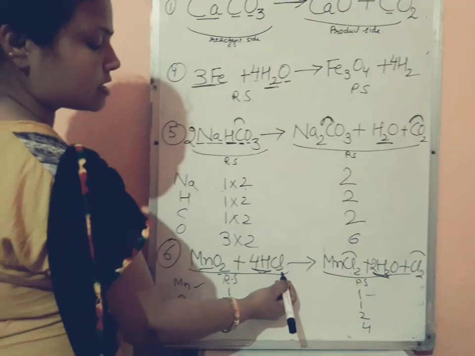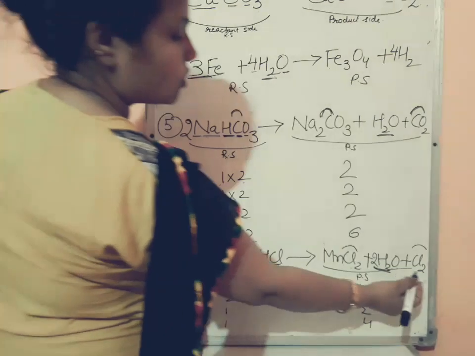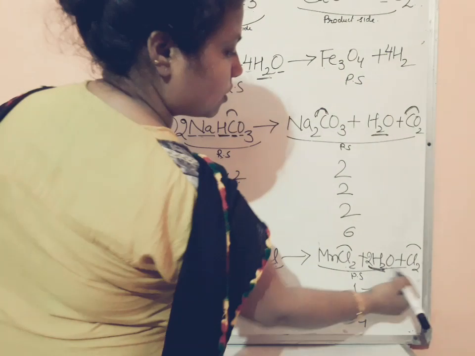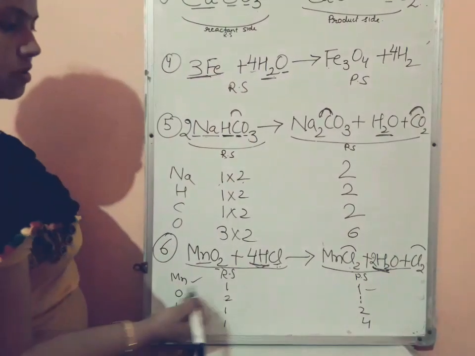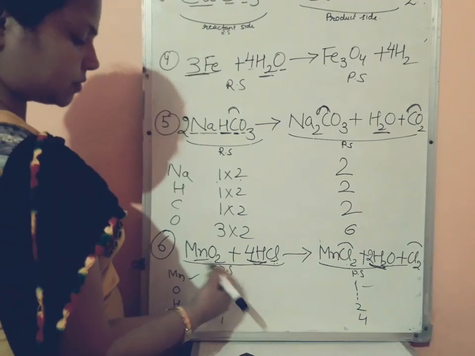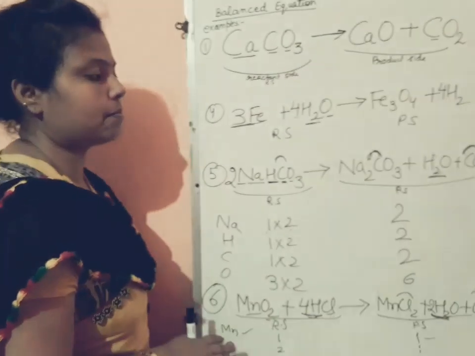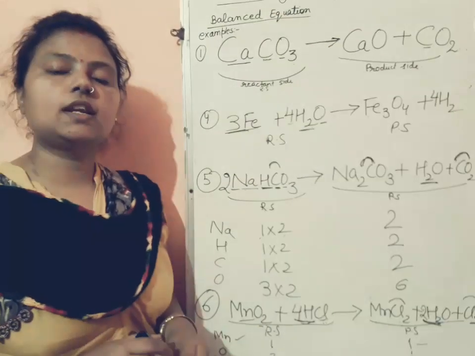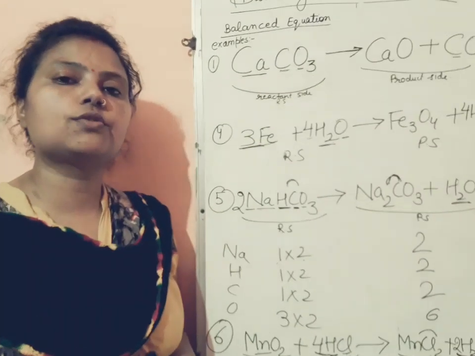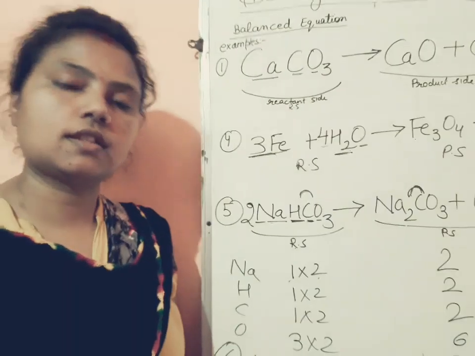And chlorine is also 4 here. So what we have done? Now this is a balanced chemical equation. All these examples are balanced now. Similarly, I will give you some examples and you have to balance those equations. That's all.